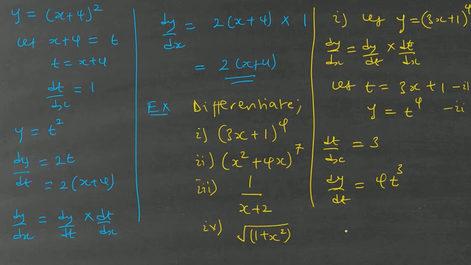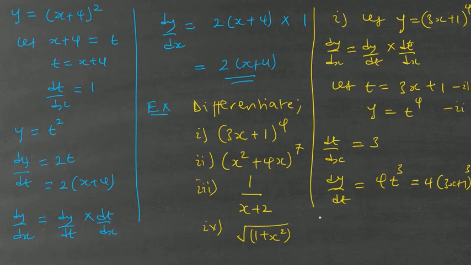When we substitute back for t, our t was 3x plus 1, then there's a cube here.